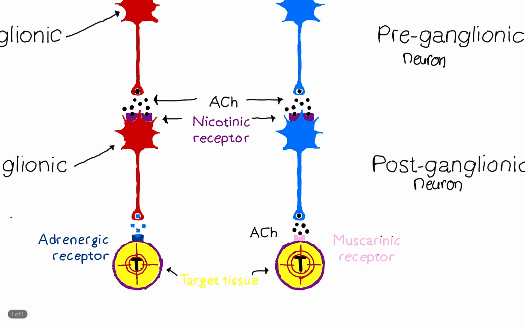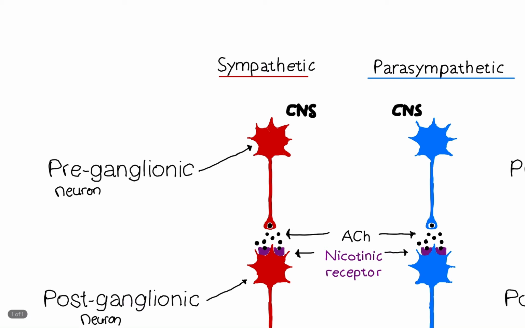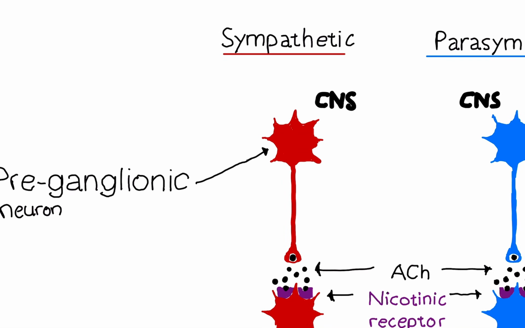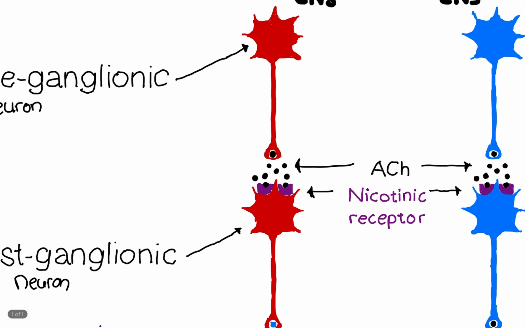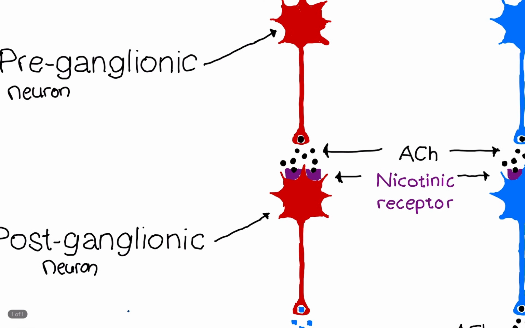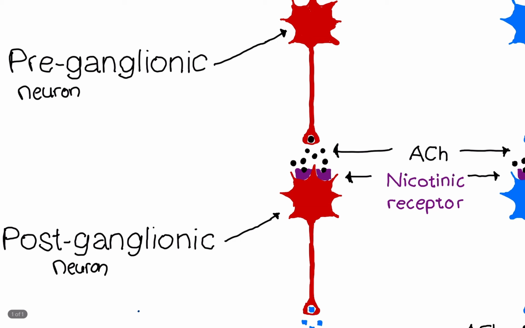Okay? Let's move to the sympathetic system. We have the same exact deal here. We got the preganglionic neuron in the CNS that starts in the brain. It goes down the spinal cord, and it synapses with the postganglionic neuron near the organ of our destination, whatever destination we are going to.